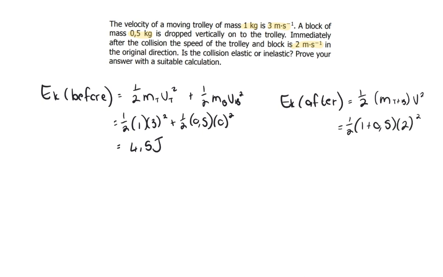In this case, we aren't worried about direction because remember, this is a scalar. And anyways, it doesn't matter if you put in a positive or a negative, you're going to square it anyway. But yeah, we aren't dealing with vectors now, and we get that it is 3 joules.